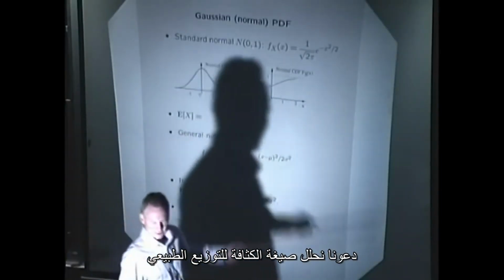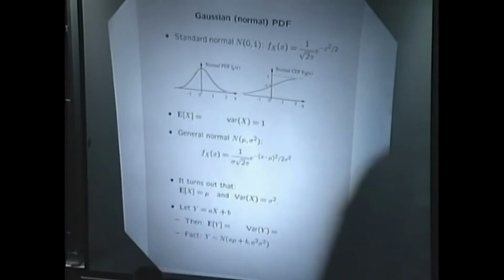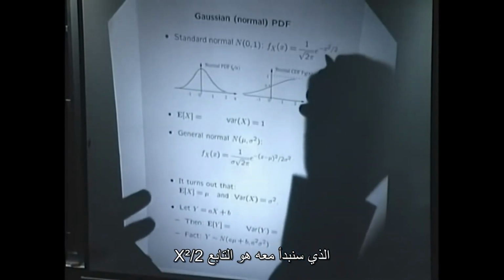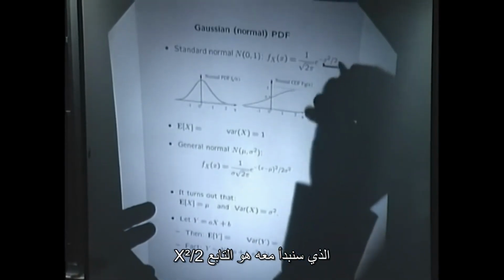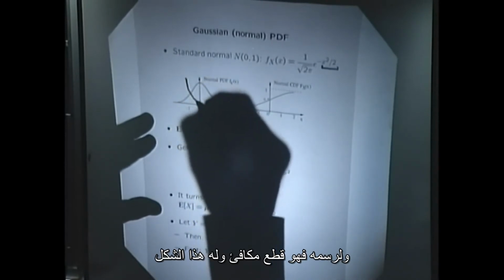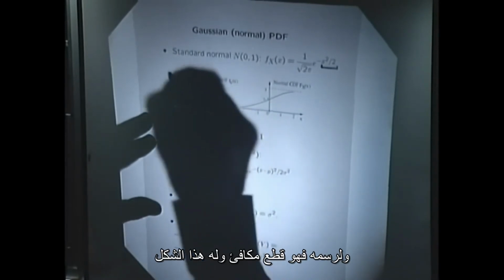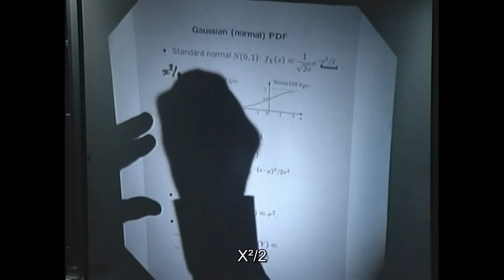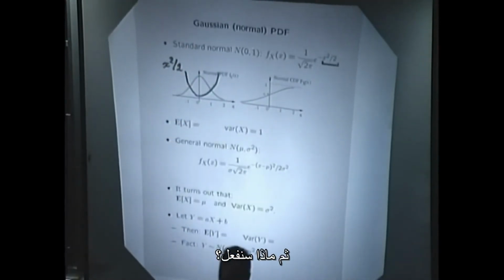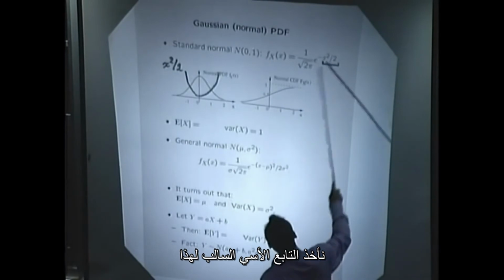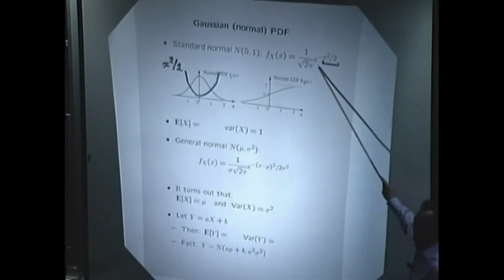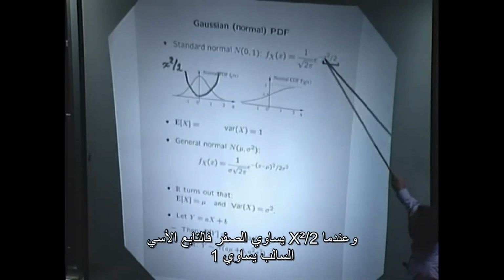Let's parse the formula for the density of the normal. What we start with is the function x squared over 2. If you plot x squared over 2, it's a parabola, and it has this shape. Then what do we do? We take the negative exponential of this. So when x squared over 2 is 0, the negative exponential is 1.